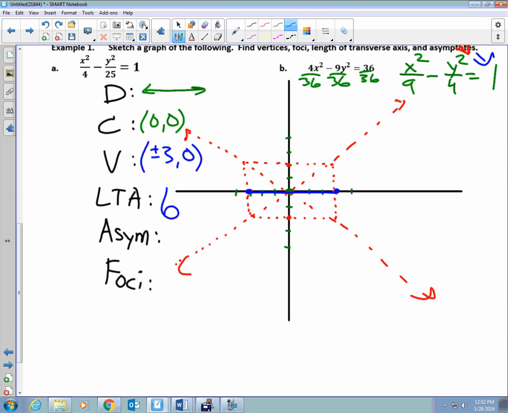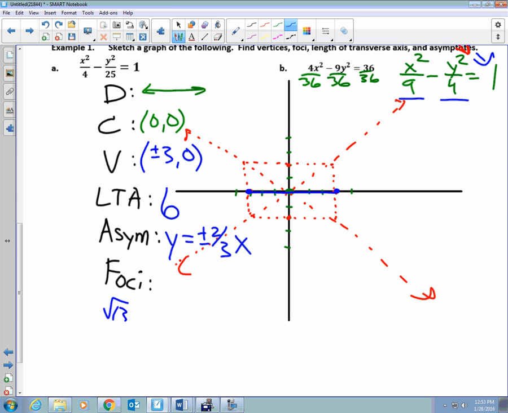The asymptotes, still centered at 0, 0, so you don't have an h or k value, so it's just y equals plus or minus something times x. What is the slope? Look at your box. Up 2 and over 3. And now I find the foci. I take a squared plus b squared, or a squared minus b squared. Which one is it? Plus, so I get square root of 13.